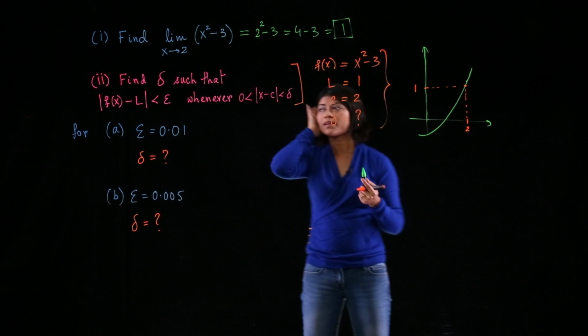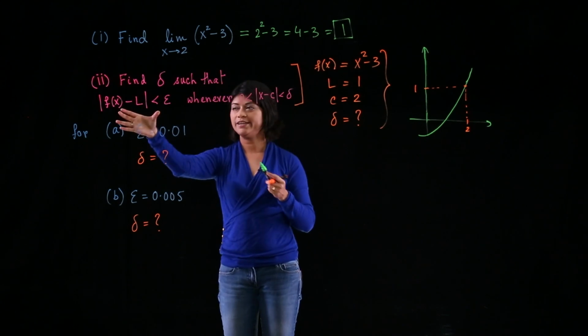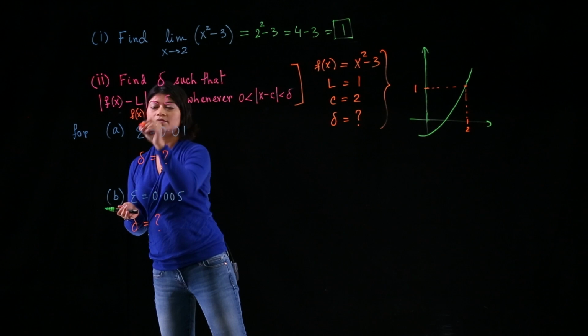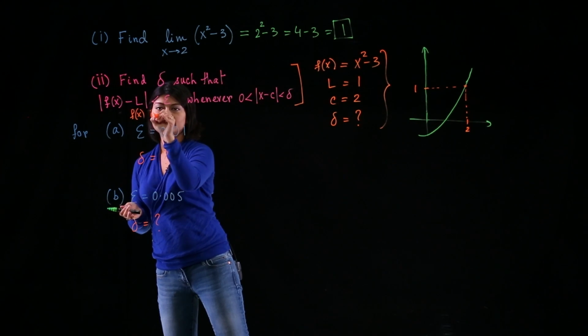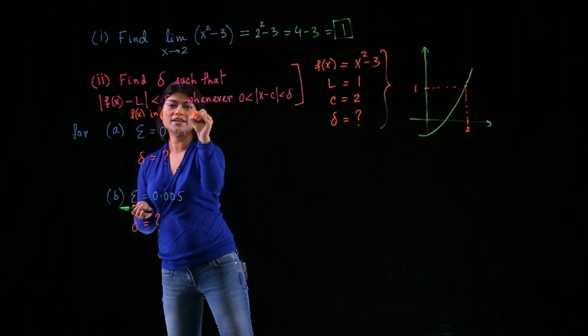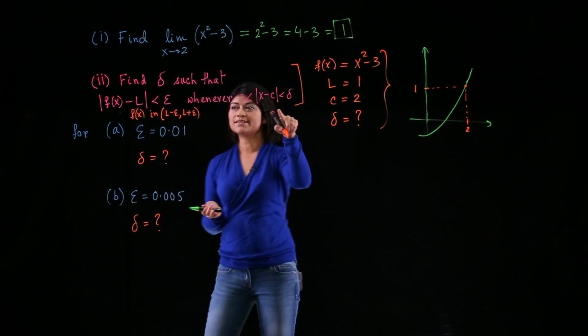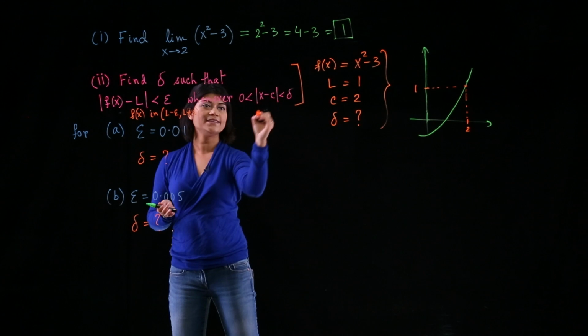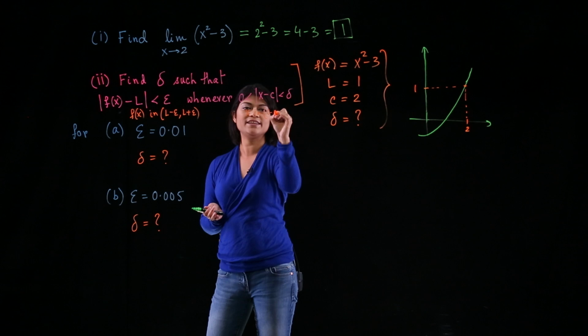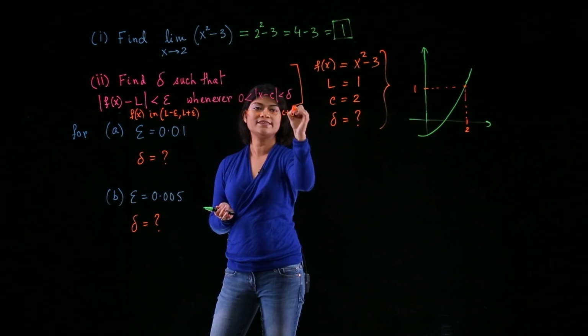In other words, this expression is saying that f of x is inside the interval L minus epsilon and L plus epsilon. And this statement says x is inside the interval c minus delta, c plus delta.